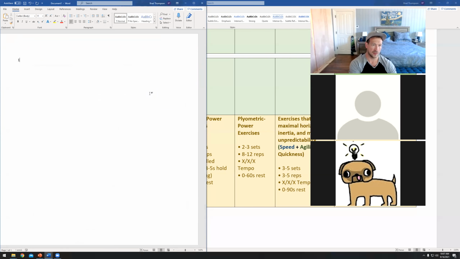My bench press contrast set would be 5 reps at 190 pounds plus 10 reps at 65 pounds. As a superset, 3 to 5 minutes rest between sets. So that's how we do contrast setting, that in sort of a traditional method.